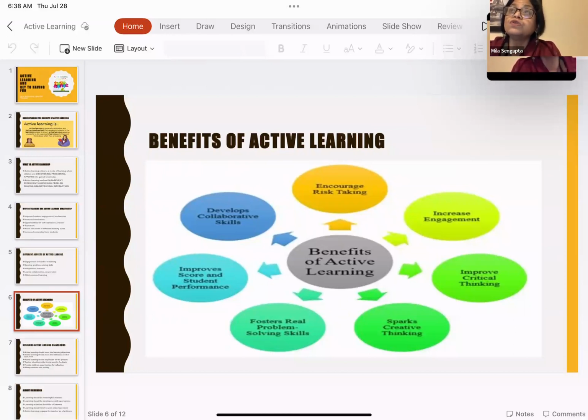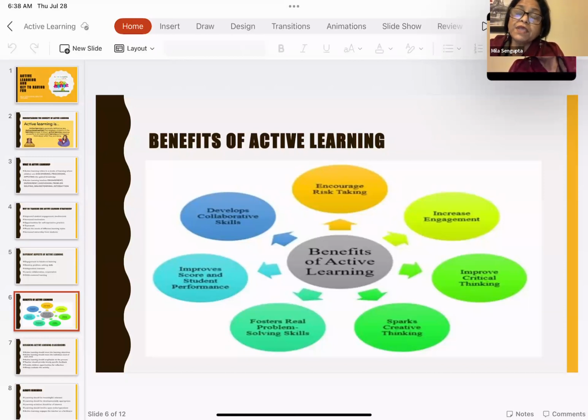So it is also an opportunity for children to see the connection between their experience and the world or the environment they are in. So real-life connection is also a very important part of their learning process. And it improves scores and student performance.